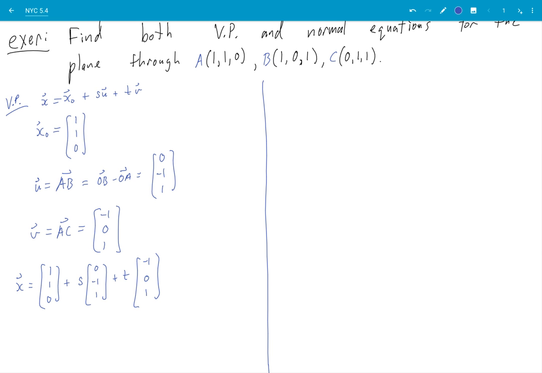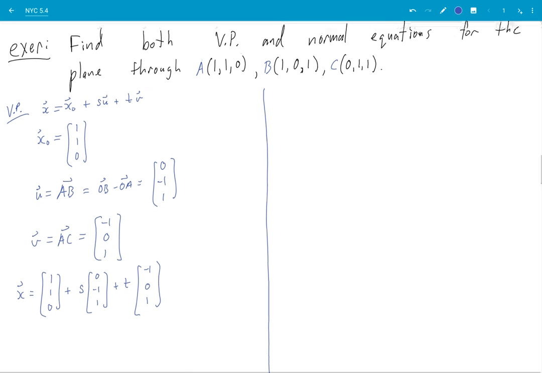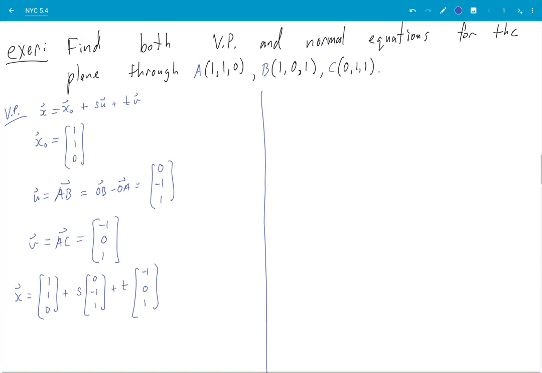Now, what to do? Find the normal equation. Find a normal equation. This one I'll just give you the answer. I already did an example like this just a moment ago, so I'll just give you the answer, and you can ask me in class if you're having trouble.